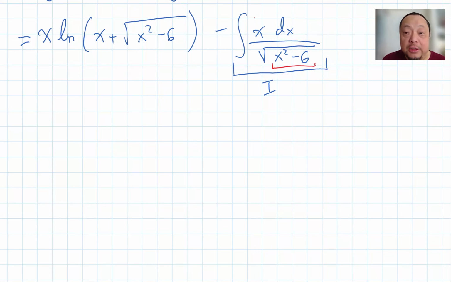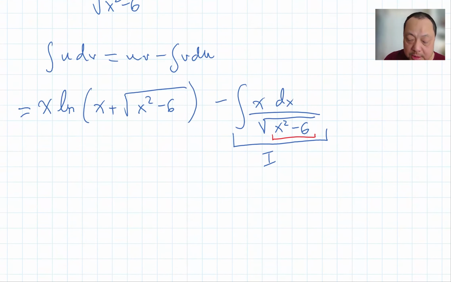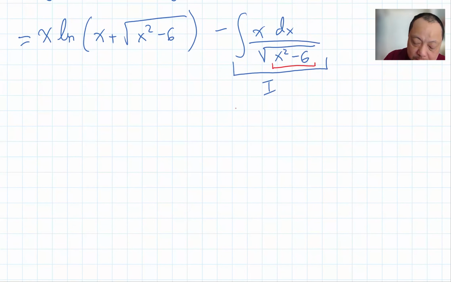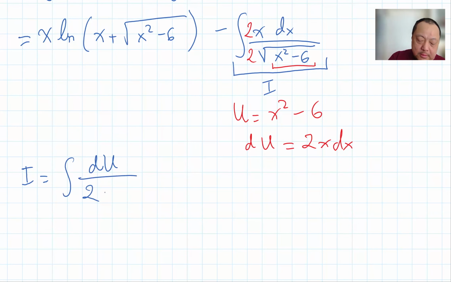I cannot use little u because I already used the letter little u, so I'll use the letter capital U. And to get 2x, I'm going to multiply by 2 and divide by 2 like this. Then I have my du on top. So my capital I is equal to du over 2 square root of u.